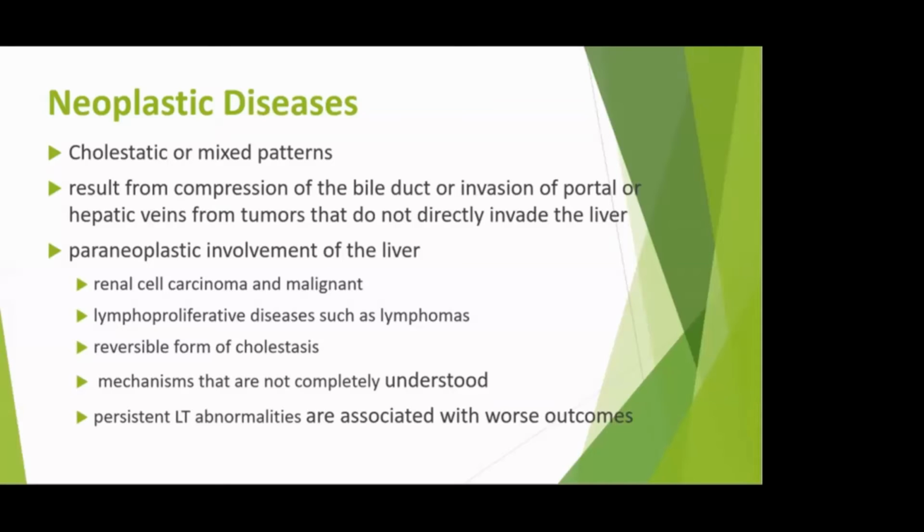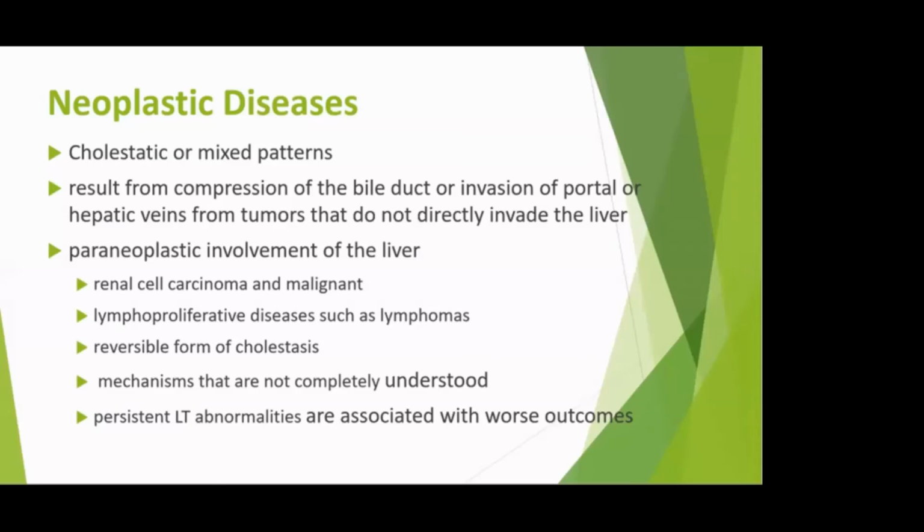Normally, they do not require a liver biopsy except if the only presentation is cholestasis, and much less frequently is paraneoplastic involvement of the liver, particularly with renal cell carcinoma and malignant lymphoproliferative diseases such as lymphomas that can induce a reversible form of cholestasis through mechanisms that are not completely understood.